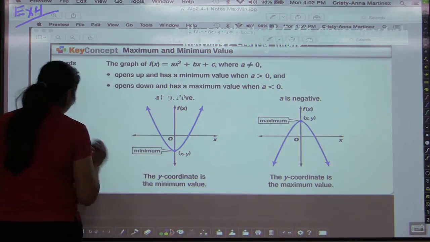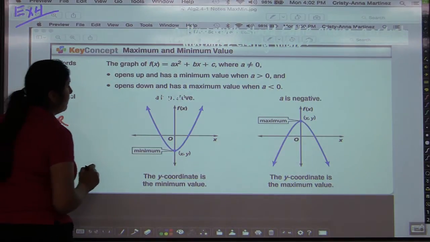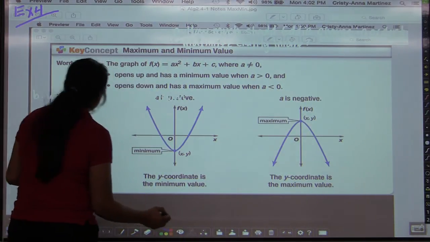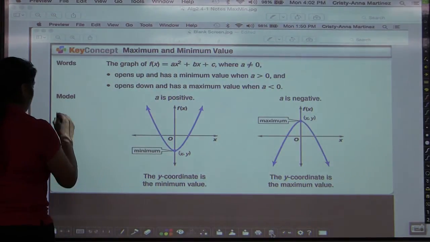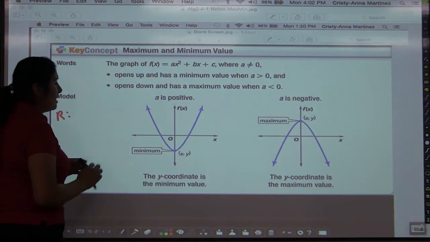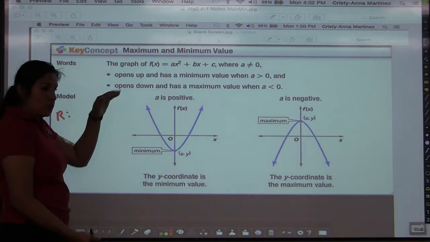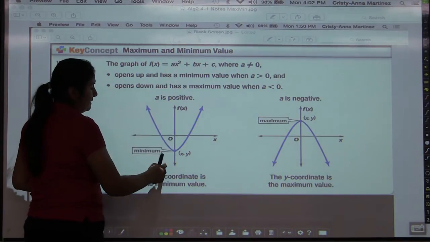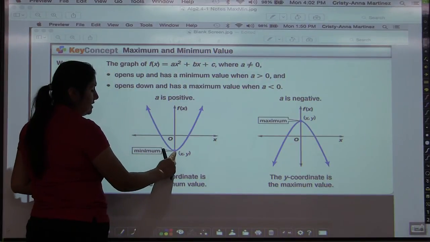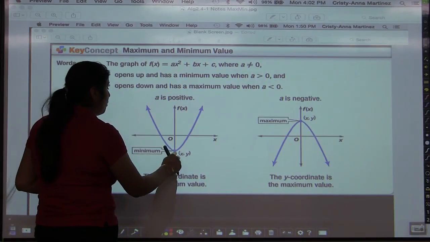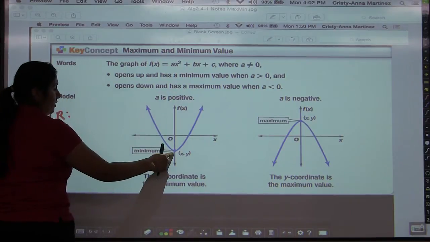So the range, you want to know what the possible y values are. And so you're looking at the y-axis. And since this is the lowest point on the graph, it means that whatever number this is, your range is going to be greater than or equal to that value.